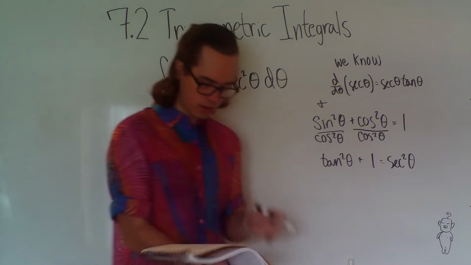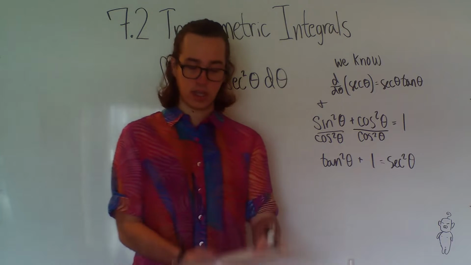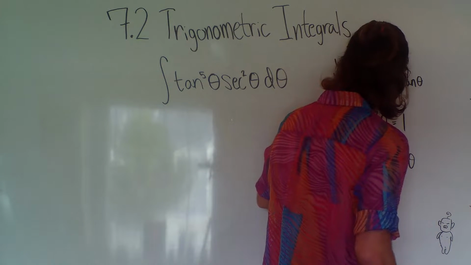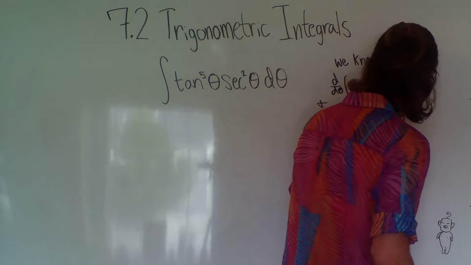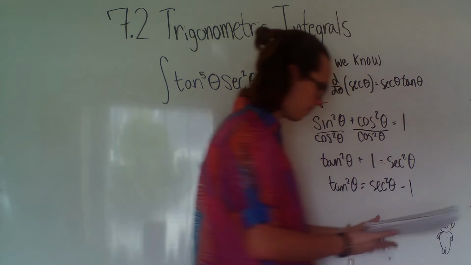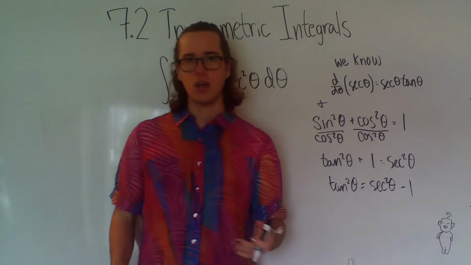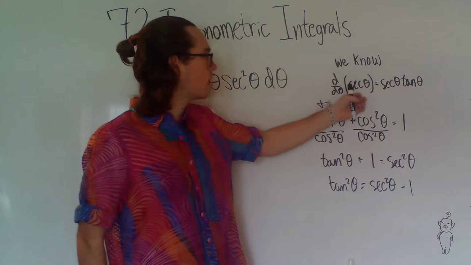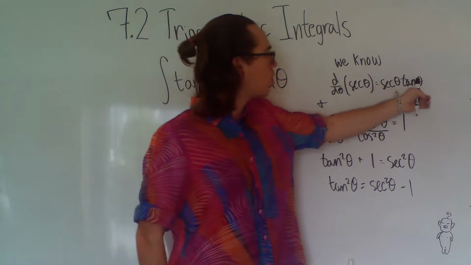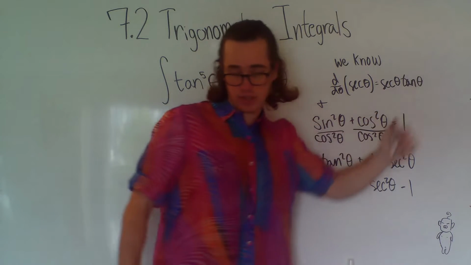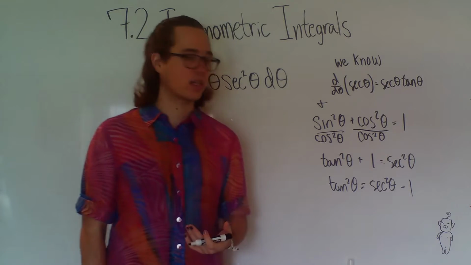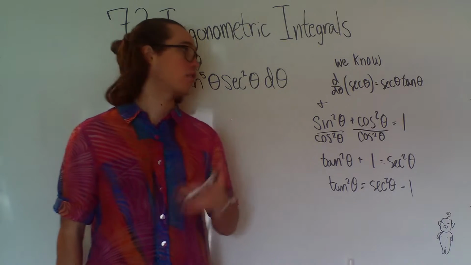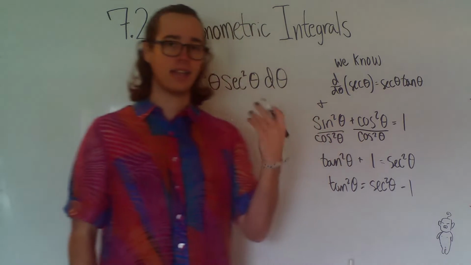And so with that, we can also say that tangent squared theta is equal to secant squared theta minus 1. And so now we can see that if we derived based off secant, we pull out a secant and a tangent outside, we could do a substitution such that our u is equal to secant theta, and then our du would be equal to secant theta tan theta.